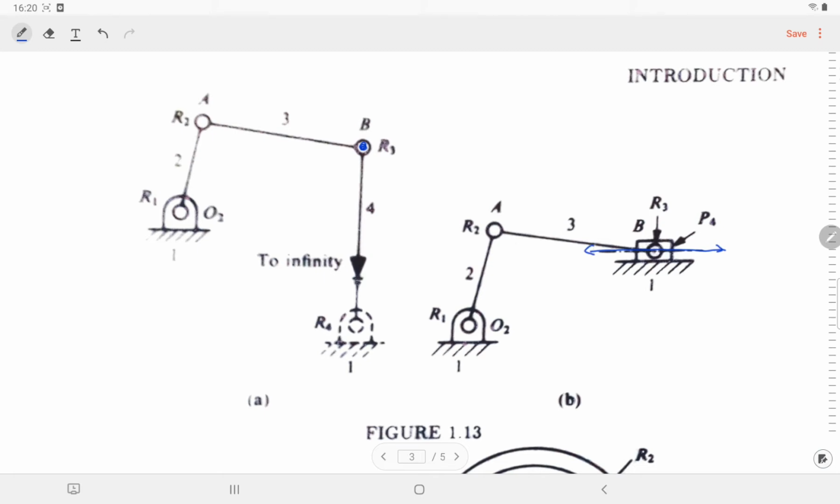This way of changing the kinematic pairs is sometimes necessary in order to ease the analysis.